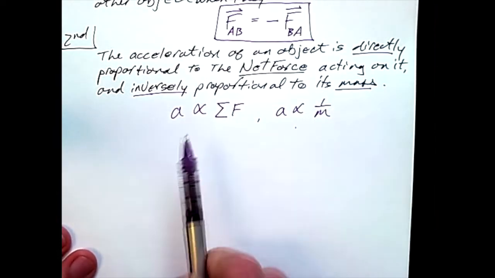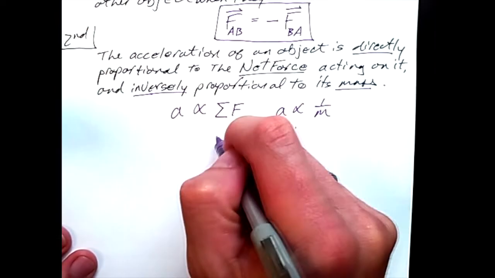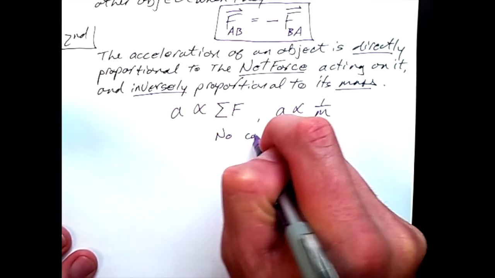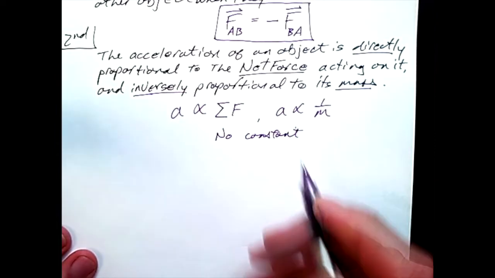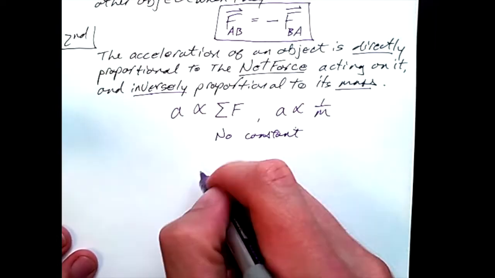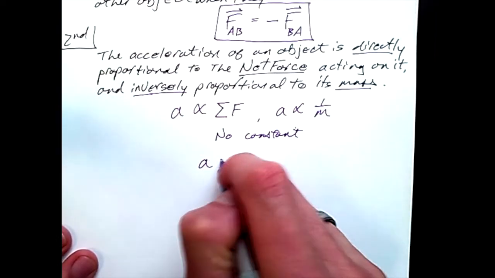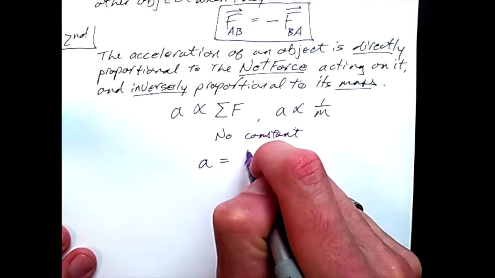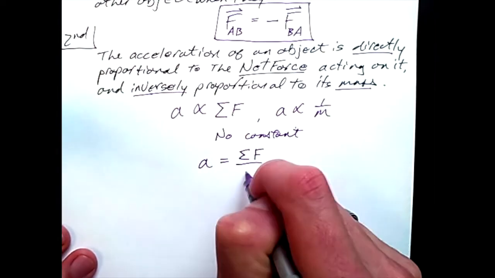Through investigation, he was able to discover that there was no proportionality constant. And so these two factors, the net force and the mass, are the sole characteristics that affect acceleration. And so this can be rewritten with an equal sign now as a equals the net force divided by the mass.